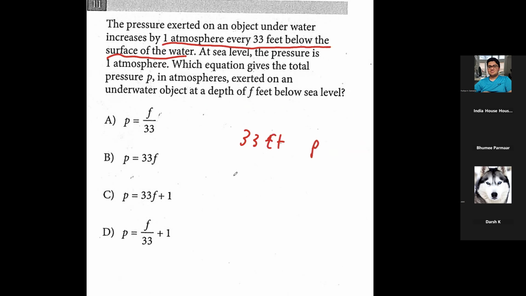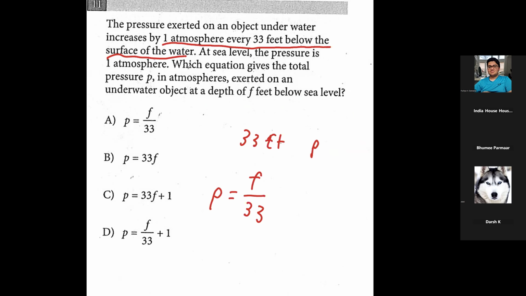So that means we would have F feet, which would be F over 33, because 33 over 33 would get us 1. If we go down 33 feet, this would equal 1, so that means the pressure would increase by 1.